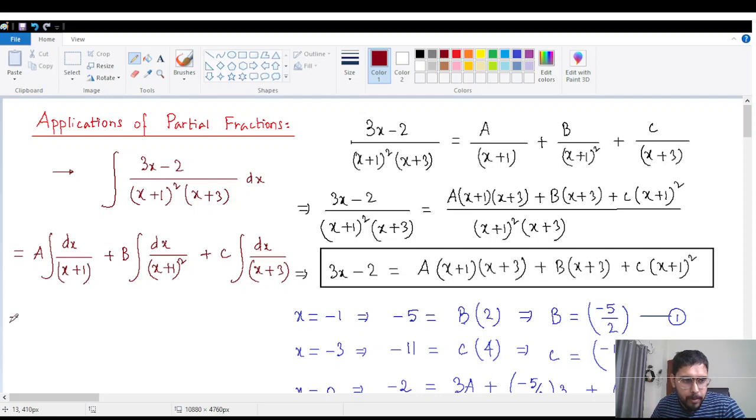So now, dx over x plus 1 is simply logarithm of x plus 1. So it will be a logarithm of x plus 1. We'll put a at the last, plus this one. Now see, this is x plus 1 square.